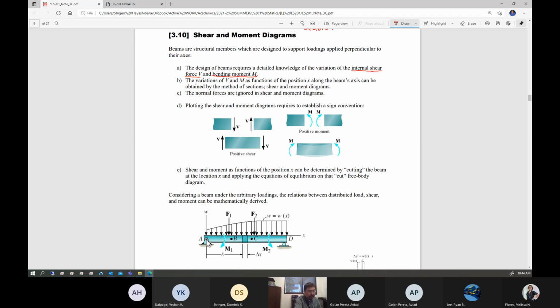Is it going to increase or decrease or stay constant? How much internal bending moment develops here? Is it going to increase or decrease or stay constant throughout the axis of this beam?